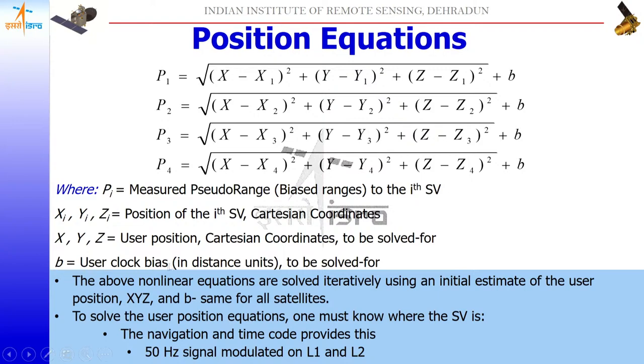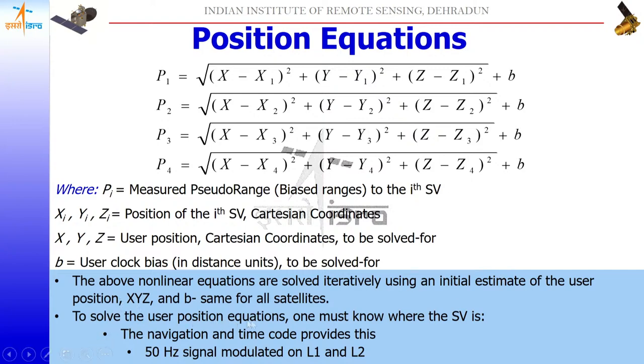And b is the user clock bias in distance unit, which can be solved for. This is a non-linear equation, and you need so many things: least squares estimation, partial derivatives, double differences. These equations and all I will discuss in my next lecture.